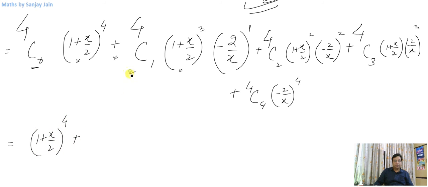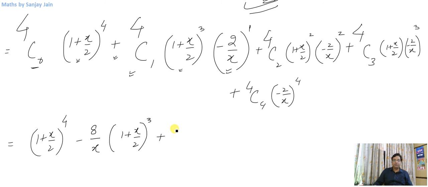This is 4, and this is minus 2 by x. So 4 into minus 2 is minus 8. I'll write it as minus 8 upon x. And once I calculate (1 plus x by 2) cubed, I'll write it here and multiply it with minus 8 by x.